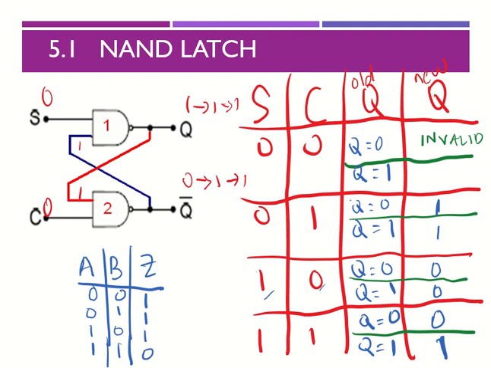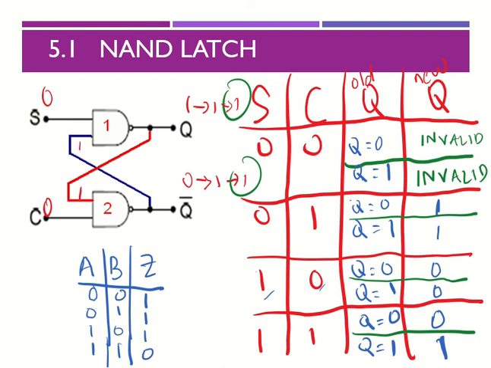So the final answer over here, you're going to have 1 and also 1 over here. So it's actually invalid.